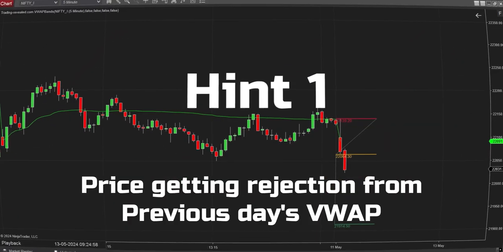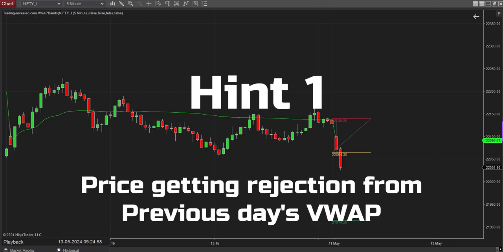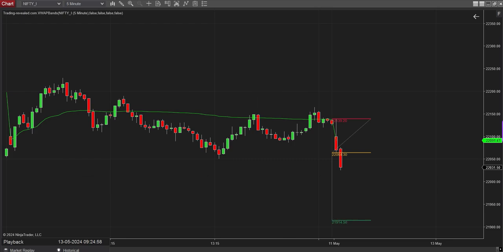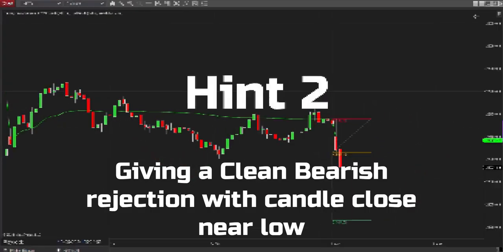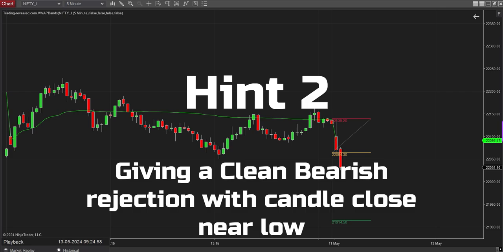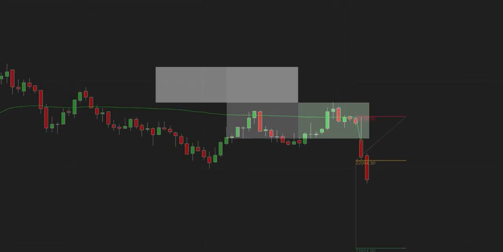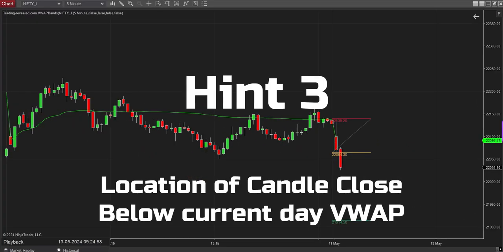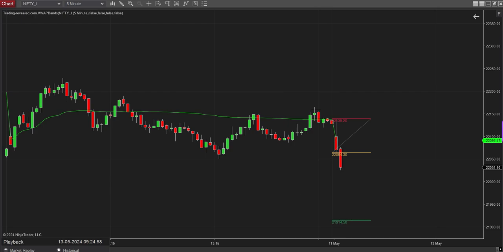First hint is price rejecting from previous day's VWAP. Second hint is after the rejection, price is steadily giving a bearish close. Third hint, we are getting a bearish close clearly below current day's VWAP. So all these hints give me a clue of bearishness, and straight away my direction becomes bearish.